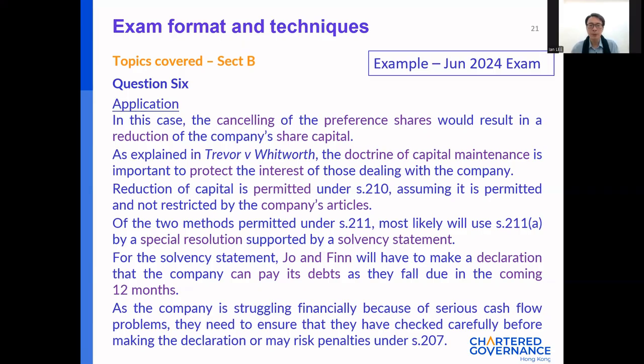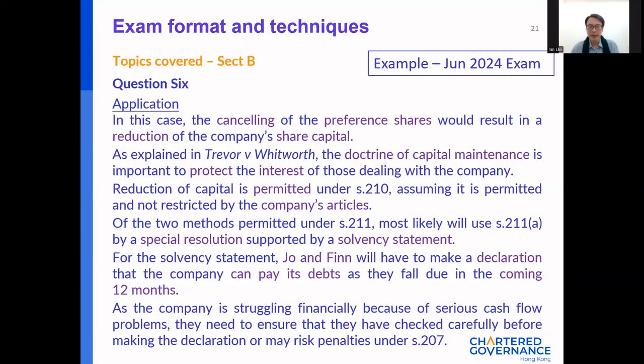So reduction of capital is permitted under Section 210. And now, most important, assuming it is permitted and not restricted by the company's articles. Okay, this is one of the conditions in subsection 3, is assume there's no such restriction in the company's own articles. So since they adopted the model articles and we looked at the additional clause already, we assume there are no restrictions.